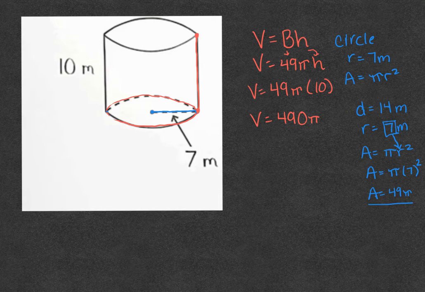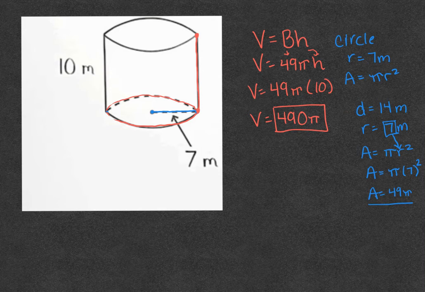Now, one thing I want to stress is sometimes we're going to ask you to answer with exact answers. Exact answers means that the pi is still there, or, for example, with Pythagorean theorem, it means that the square root is still there.